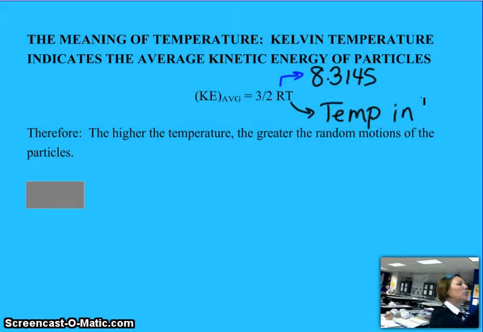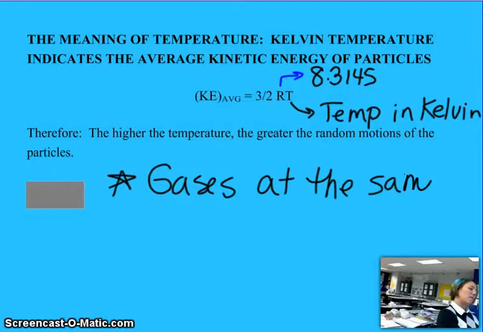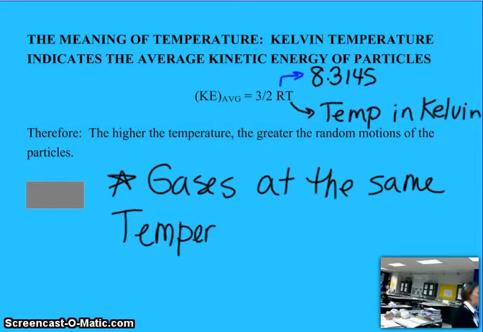And so what you should get from this is it really doesn't matter what the gas is. Any gas at the same temperature will have the same average kinetic energy. That's sort of the idea behind this. And again, it doesn't matter how much of the gas you have either.